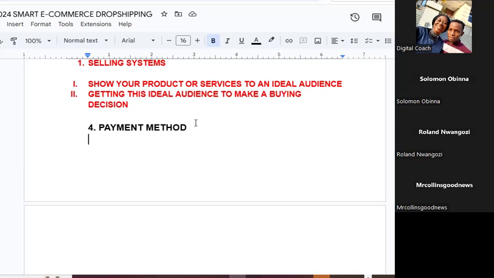That is called e-payment. They can make the transfer to you, through Paystack or other payment integrations, or you can send your account number to them. When you confirm that they have paid, you can now contact your supplier and your delivery guy to pick up the product to deliver. That is pay before delivery. So the first method of payment is pay before delivery.